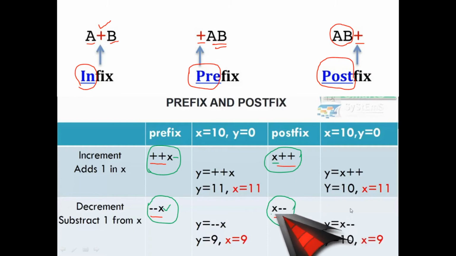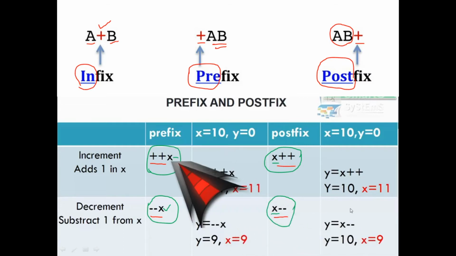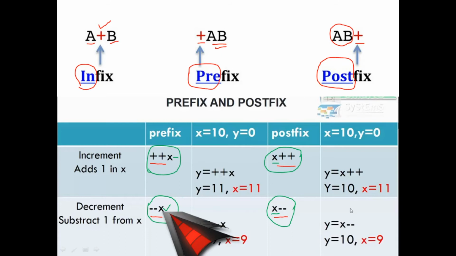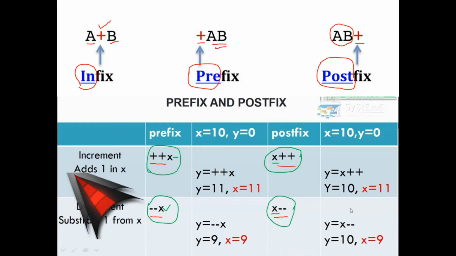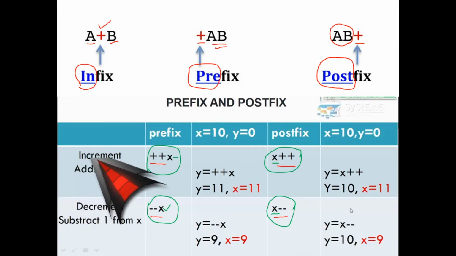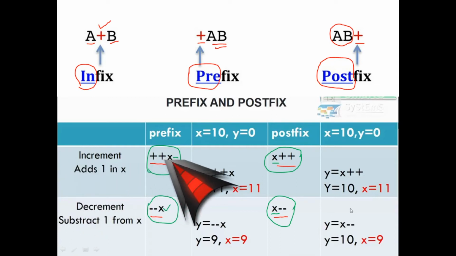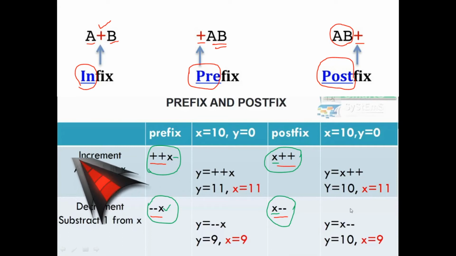So in prefix, the plus plus and the minus minus will be at the front, and for postfix, they will be at the end. What does it exactly mean? If it is a plus plus sign, the value is being incremented by 1.